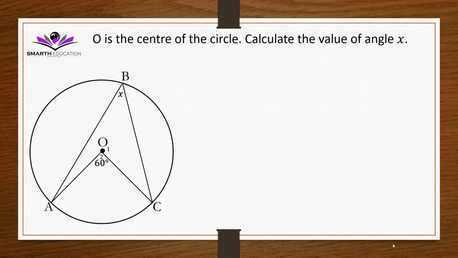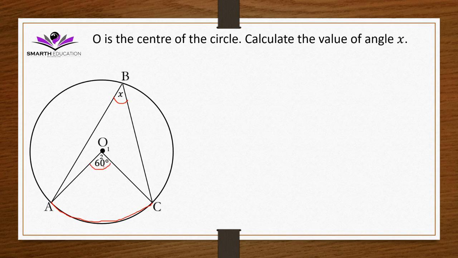You should be done by now. What did you get? So x is an angle that is subtended by which arc? Can you see the arc? I can see it here. This is arc AC. So x is subtended where? At the circumference. And then O2 is subtended where by that arc? At the center.